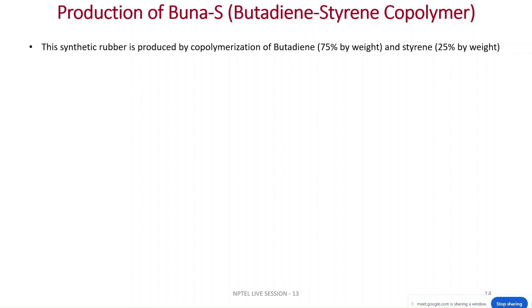Rubber Buna S is produced by the copolymerization of butadiene, which is 75% by weight, and styrene, which is 25% by weight. So the butadiene to styrene ratio, B by S ratio, is 3 by 1. This ratio is maintained for the production of Buna S.